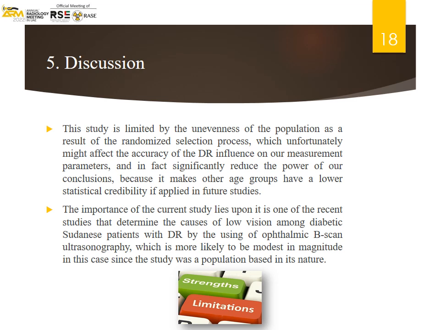The value of the current study is that it's one of the latest studies that determines the reason of low vision among diabetic Sudanese patients with diabetic retinopathy by employing ocular B-scan ultrasonography, which is likely to be modest in magnitude since the study was population-based.